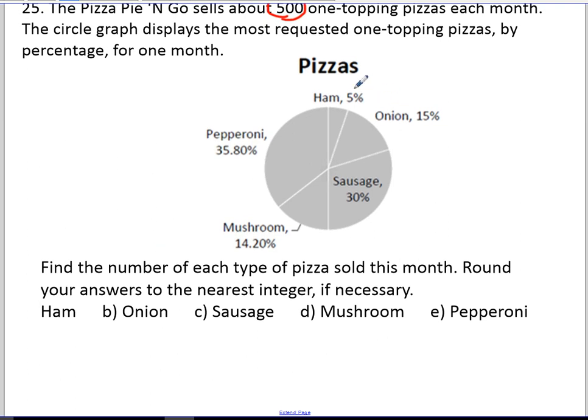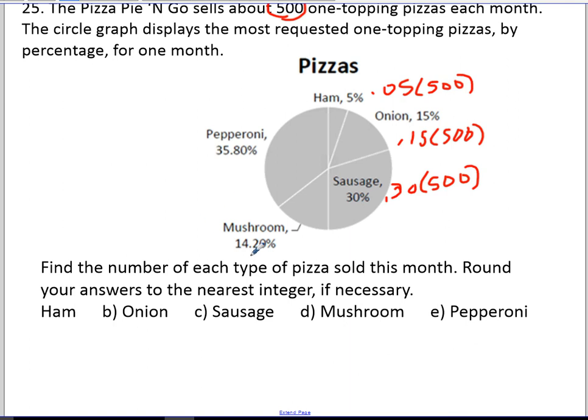So for ham, we have 0.05 for 5% times 500. Onion is 0.15 times 500. Sausage is 0.30 or 0.3 times 500.